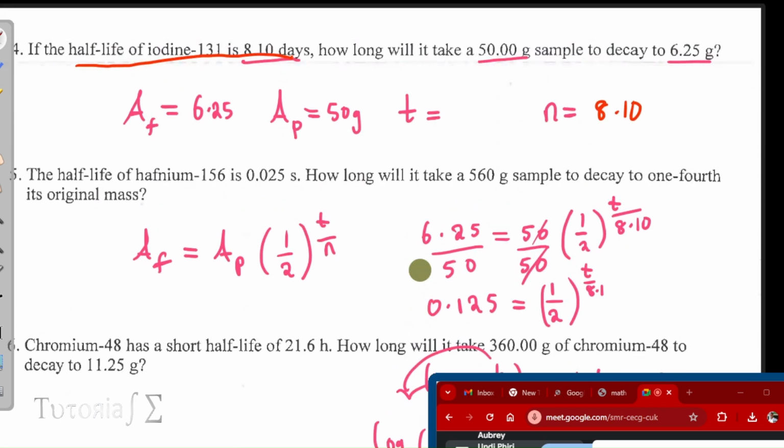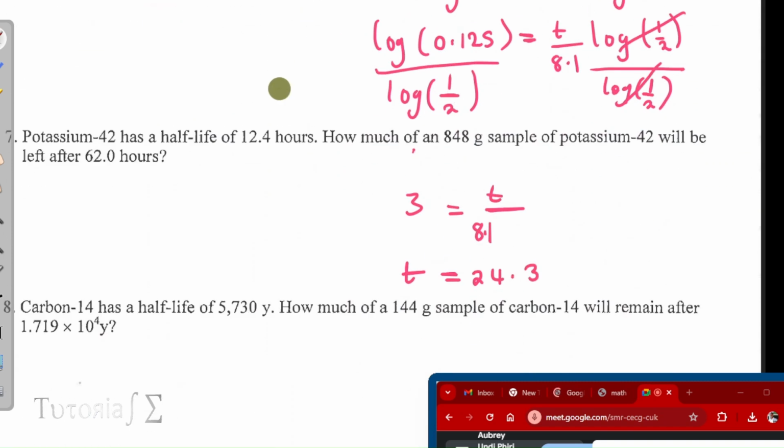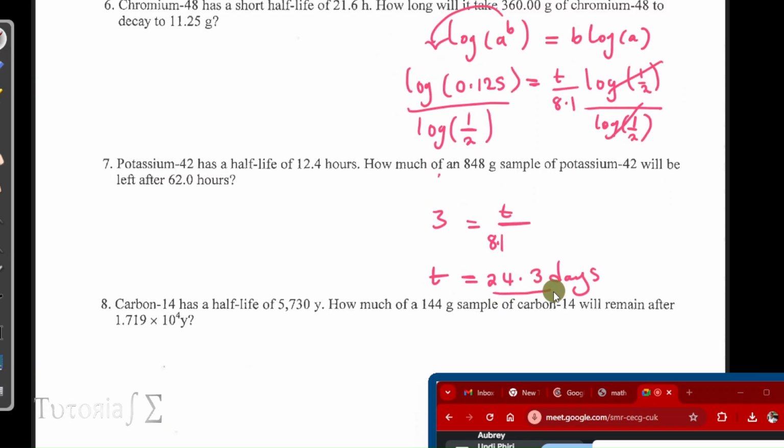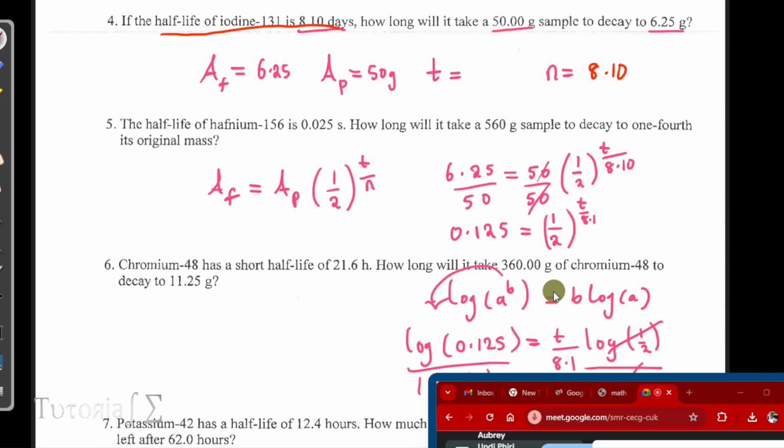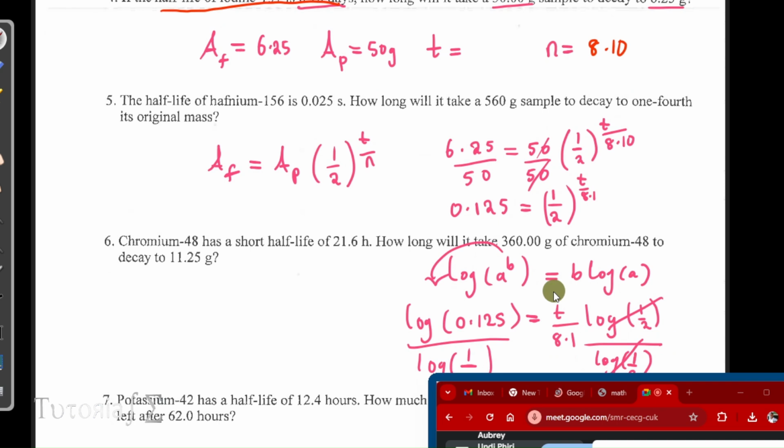If you check our question, the units were in days. So even here, the unit of time will be in days. That is how long it will take. Hope you've copied that.